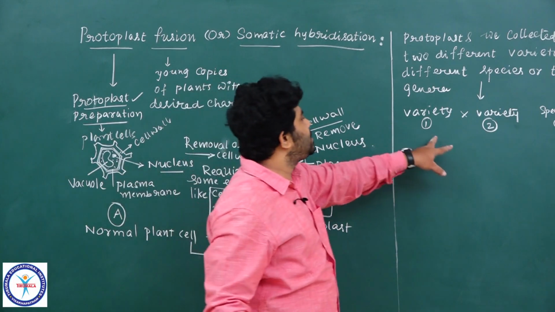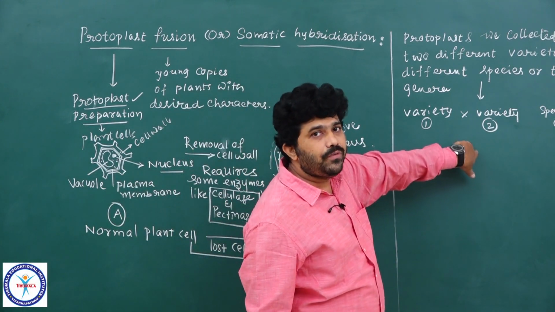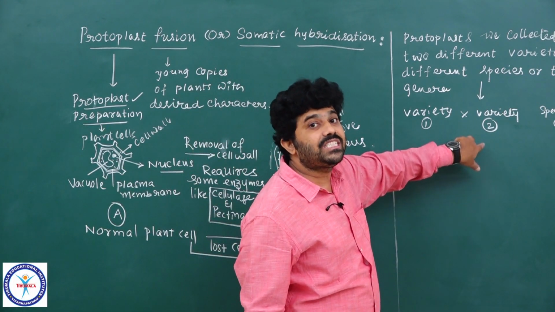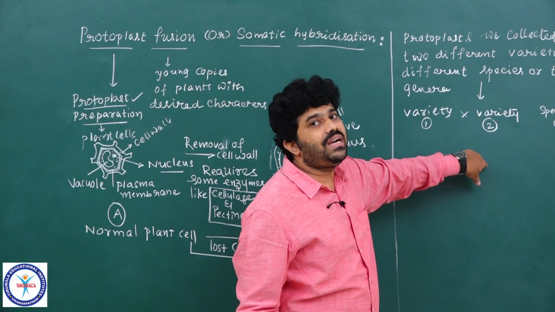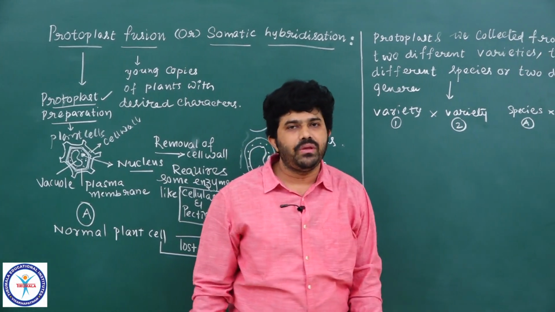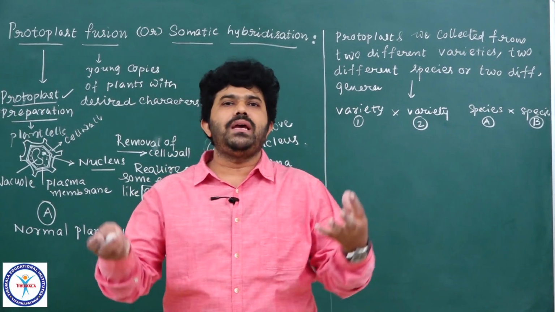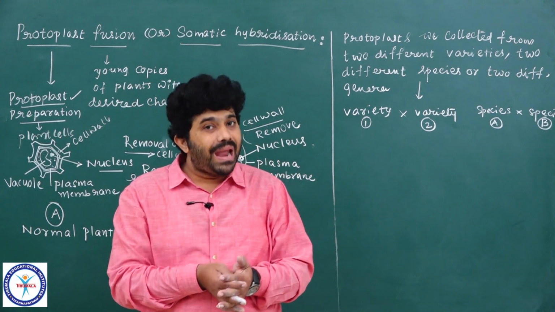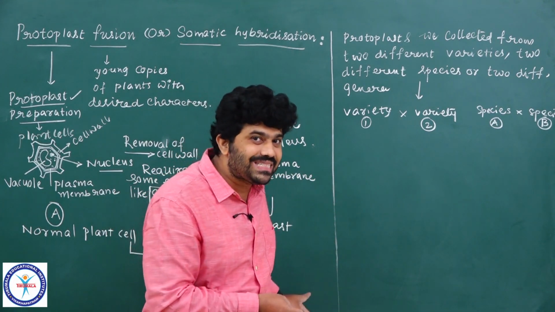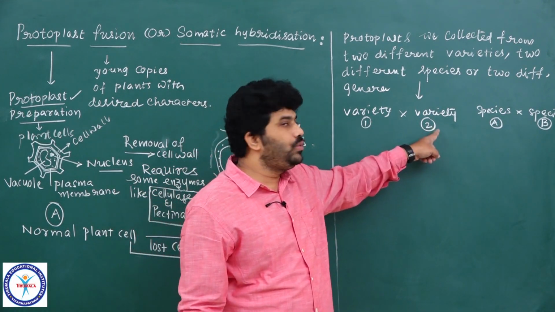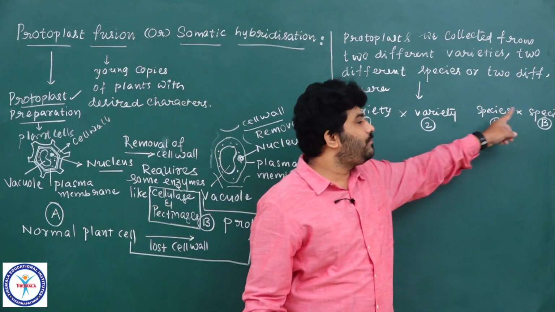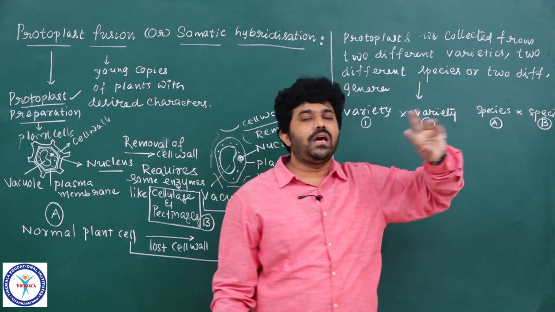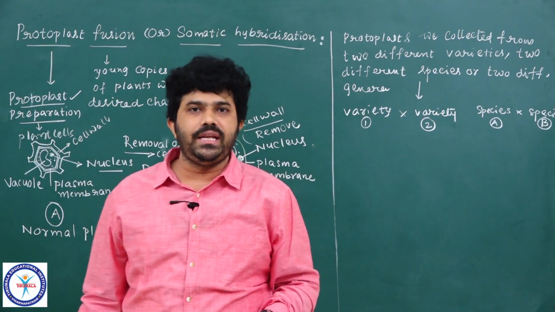Those protoplasts we then fuse artificially under laboratory, aseptic and sterilized conditions. Fusing them means combining the two protoplasts taken from two different varieties, species or genera. You got the point?